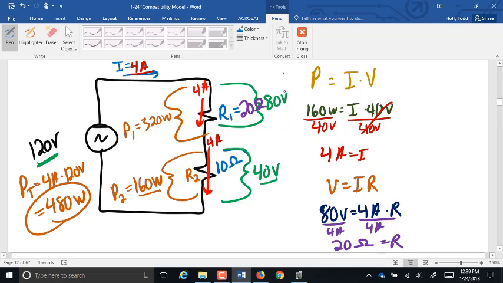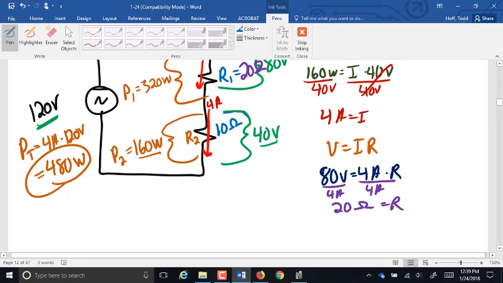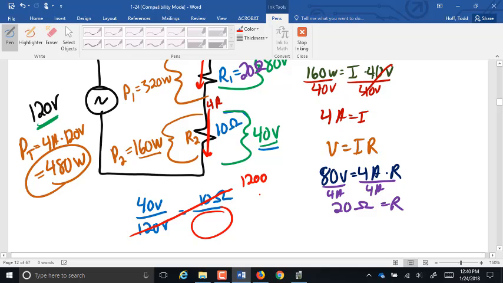We could have said, this is 40 volts out of a total of 120 volts. It has to be 10 ohms out of however many this has to be. How do we solve that? Cross multiply and divide. 120 times 10 is 1200.